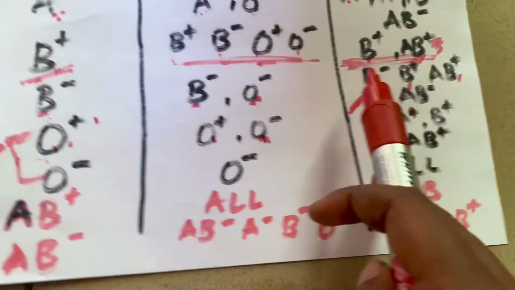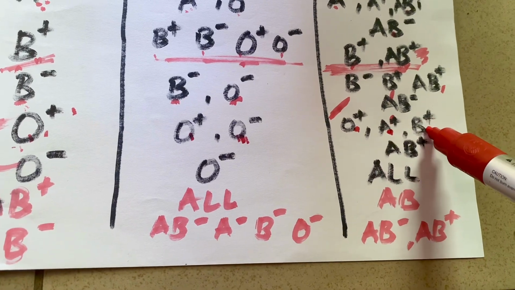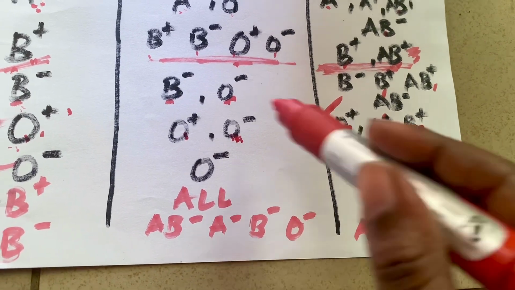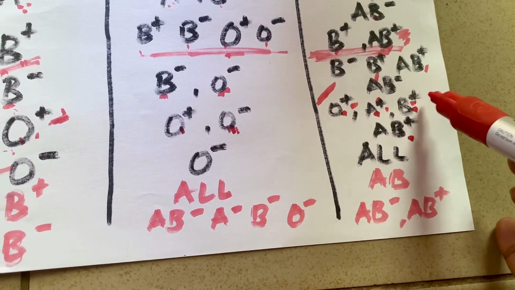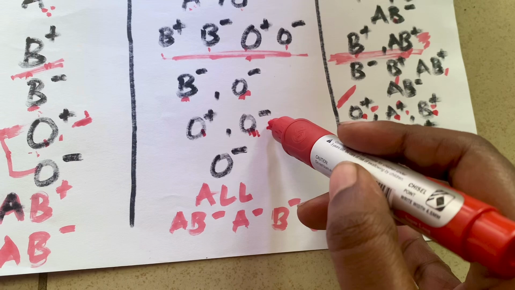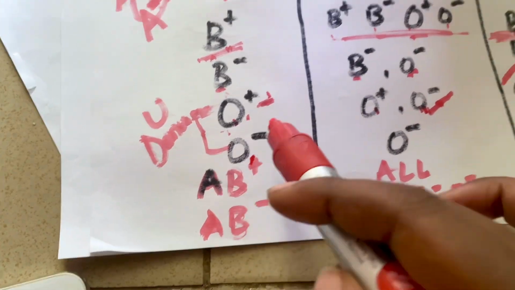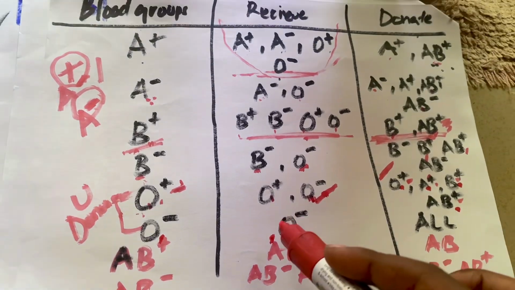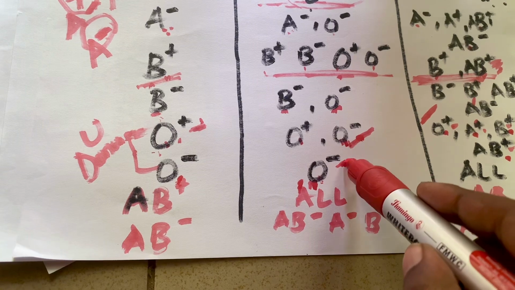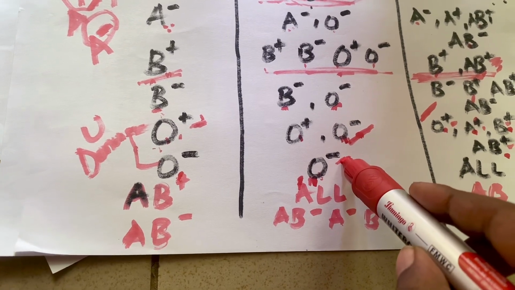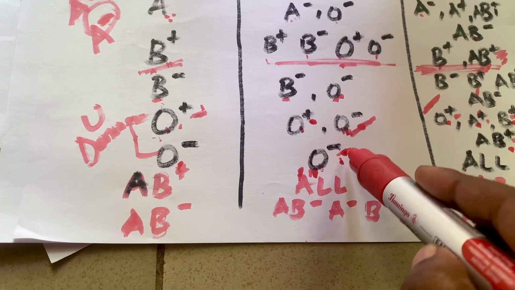O positive is going to donate to O positive, A positive, B positive, and AB positive. Only positives, as you've seen here. It's only giving to the positives, but it can receive from O negative. But the O negative can only receive from O negative, because of the absence of the antigen. So it cannot receive from the positive. It only receives from the O negative.